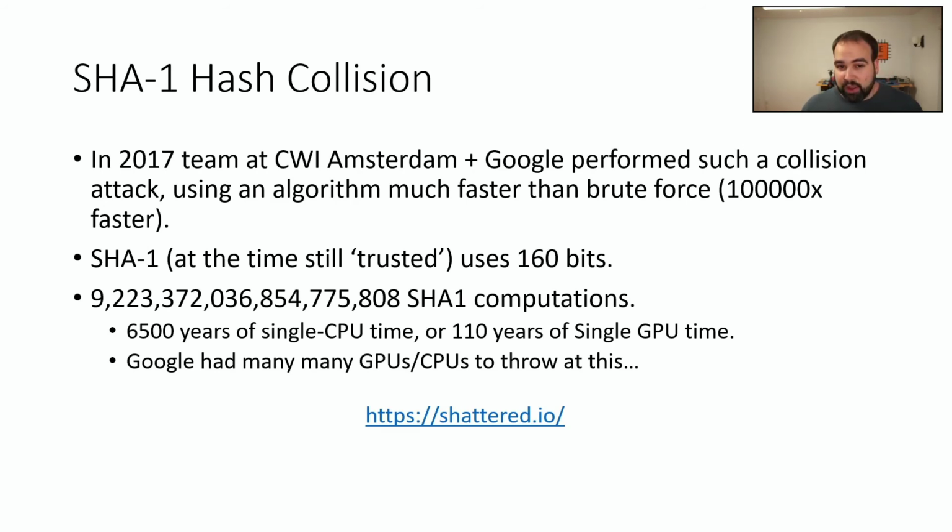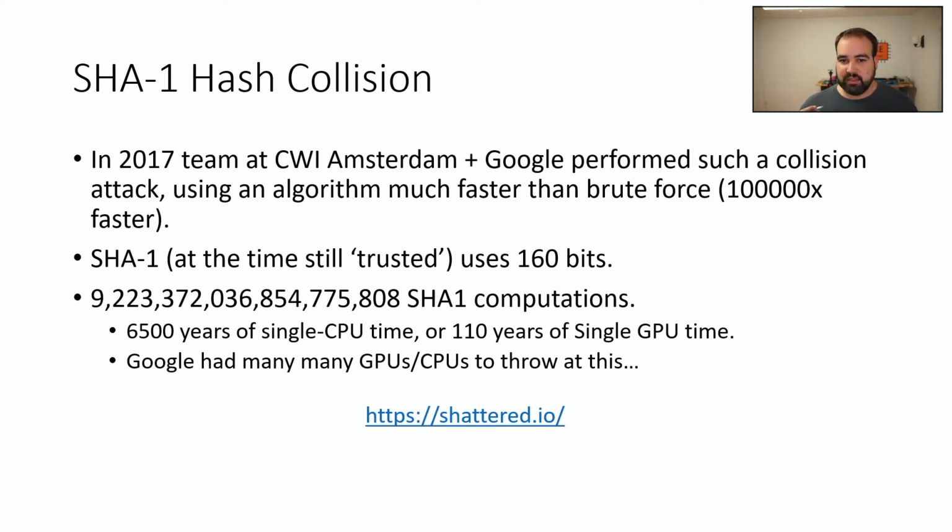For SHA-1, so SHA-1 is now kind of considered insecure, in part because in 2017, such a collision was found. This had to use a better than brute force algorithm still, right? So part of the reason this worked is there was an algorithm that was much better than brute force. And it was 100,000 times faster than brute force.